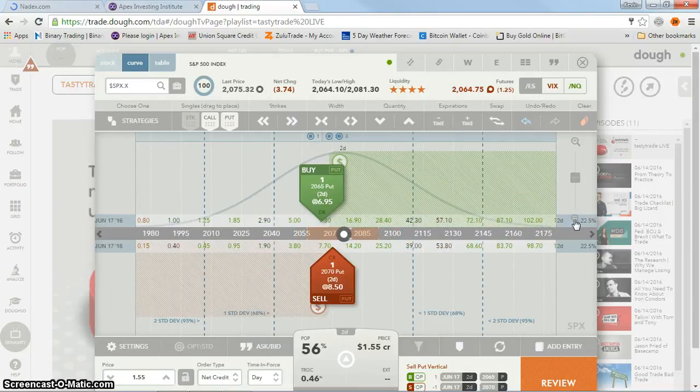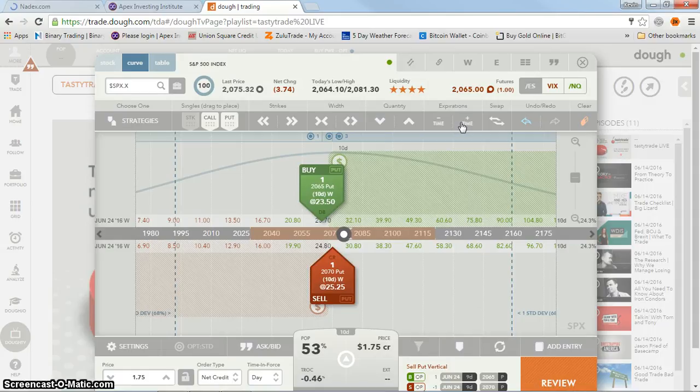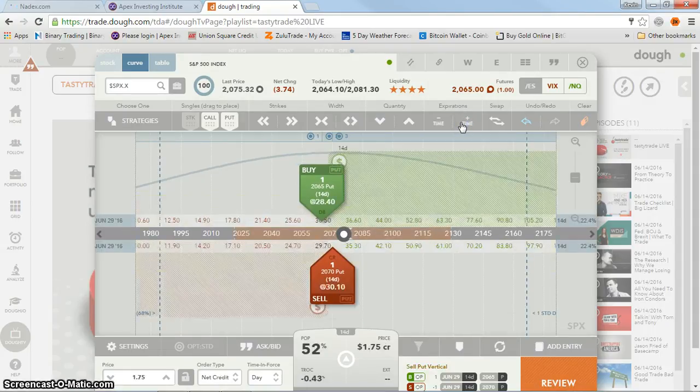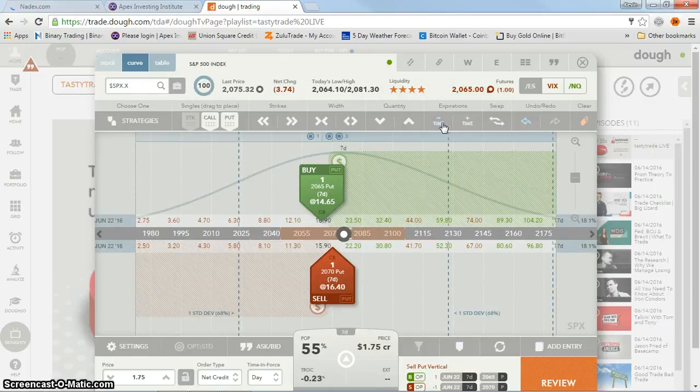Let's go the other way with it. Okay. Now this particular option is only good for 2 days till it expires. If you want to get a longer option, you can click on this, and there's 7 days or 10 days, and it'll go out 2-3 months. But let's just do a 7 day.